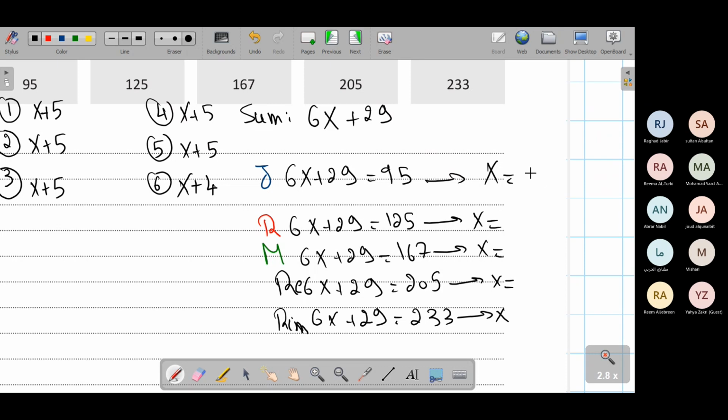So, Jude. X equals 11. Sorry, I divided by 6, but now it's 11.